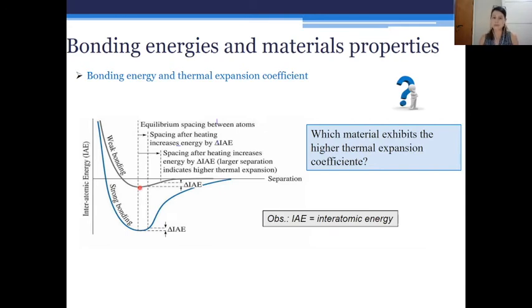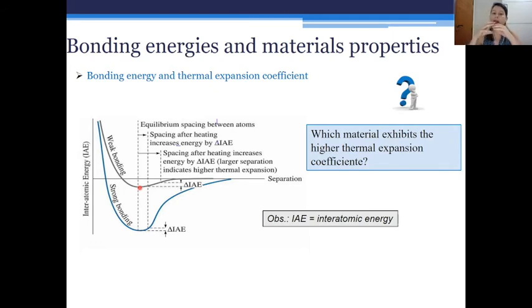So in fact, this thermal expansion coefficient is related to the fact that when I heat my material, I will observe macroscopically an increase of its dimension in one specific direction.